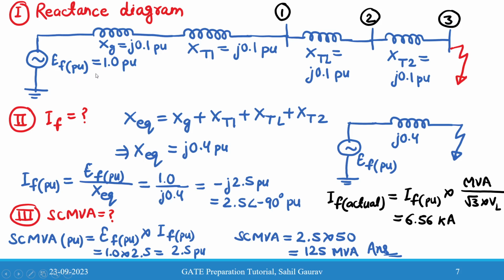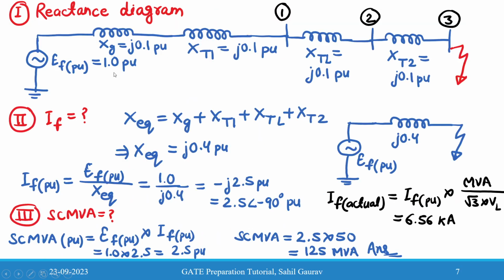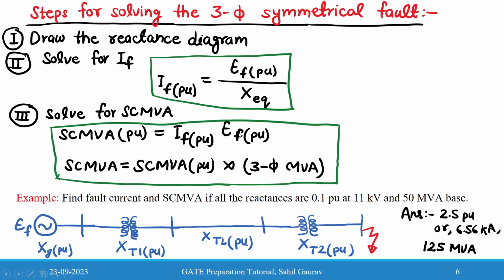So E_F per unit, taking base value as 11 kV, will be 1.0 per unit, and this generator reactance is taken as j0.1 per unit, and transformer 1 reactance is j0.1 per unit, and these are the buses 1, 2 and 3.